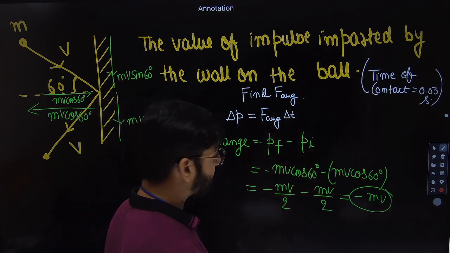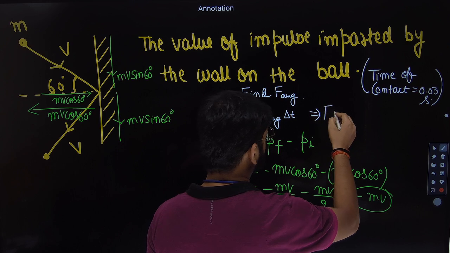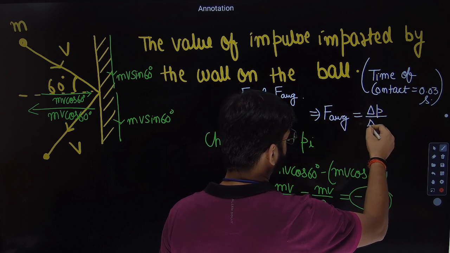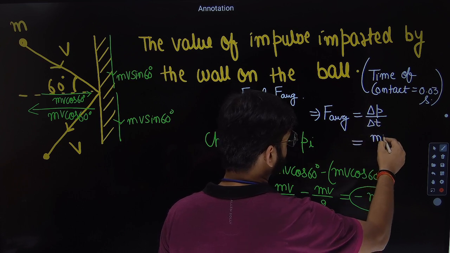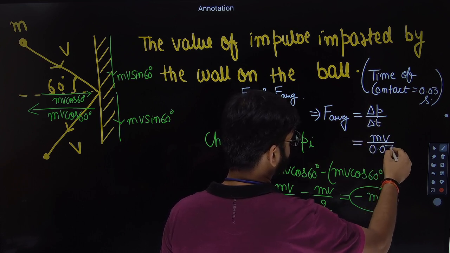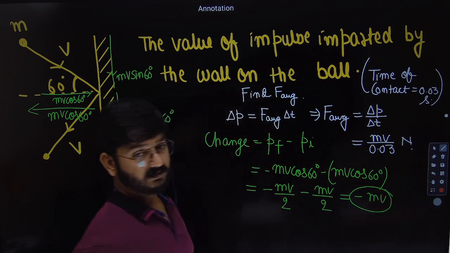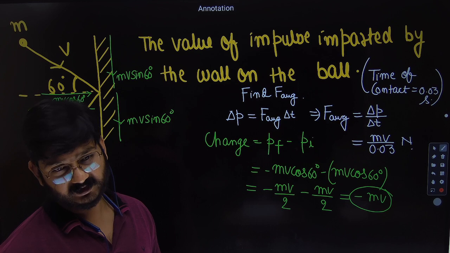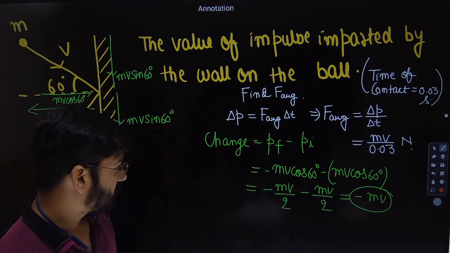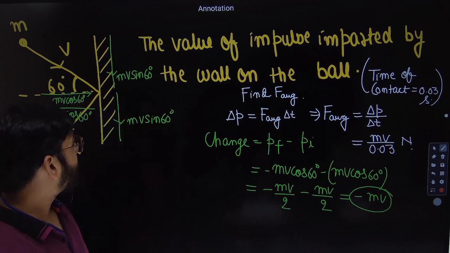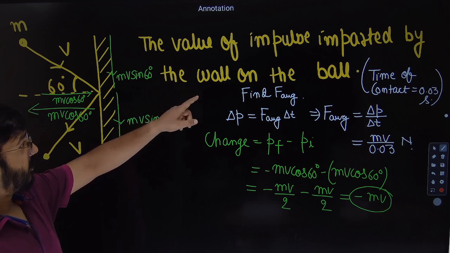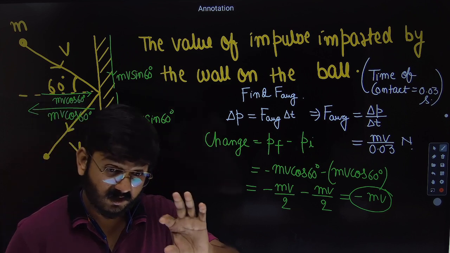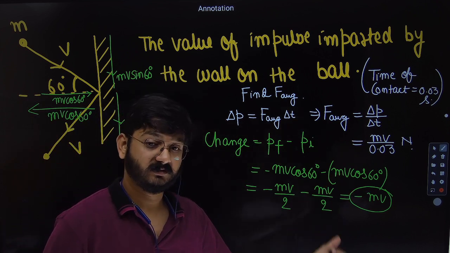We discussed this just now. F average will be change in momentum by time. What is the change in momentum? mv. So the answer is mv by 0.03. I have taken the magnitude of change in momentum. So if the impulse by the wall on the ball is minus mv, what will be the impulse by the ball on the wall? Plus mv.